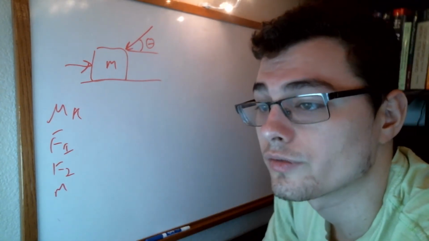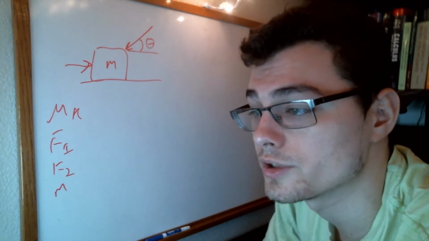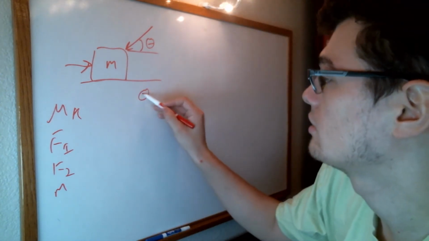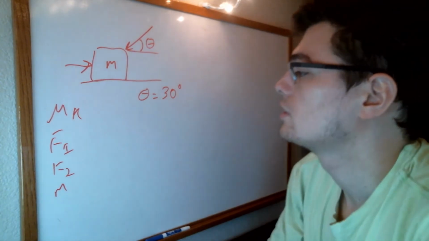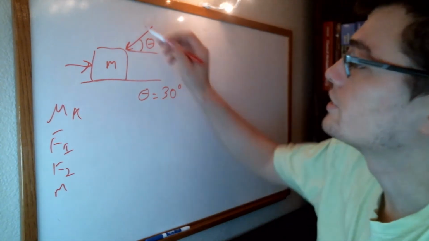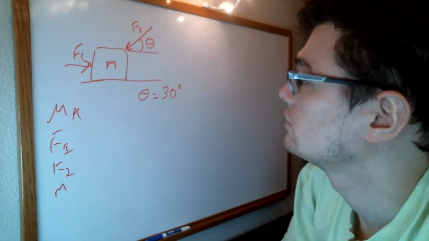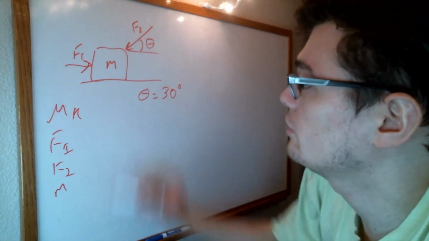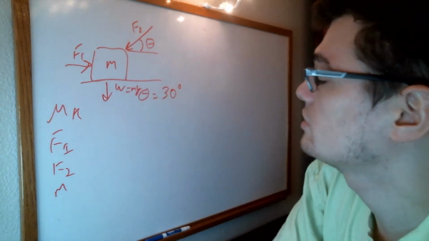And so the first part asks you to solve numerically for the magnitude of the normal force in newtons that acts on the block if theta is equal to 30 degrees. So this is F2, this is F1. Now we know that W acts here, and this is equal to mg.